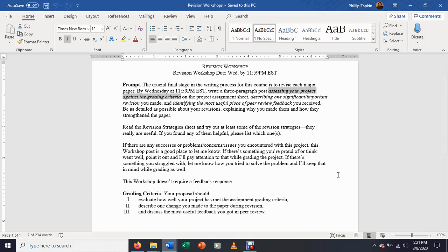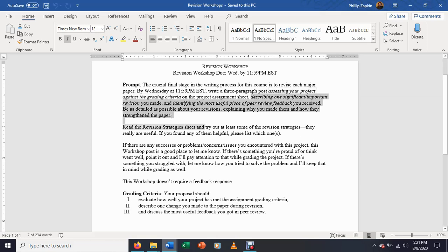So you want to go back to those grading criteria, and every week in the planning workshops and the revision workshops, I've included links to the assignment sheets for those projects. So you'll be able to do that pretty easily. So the first thing, you're assessing your project against the grading criteria. How well have you met the requirements? How well do you think that you've met the requirements?